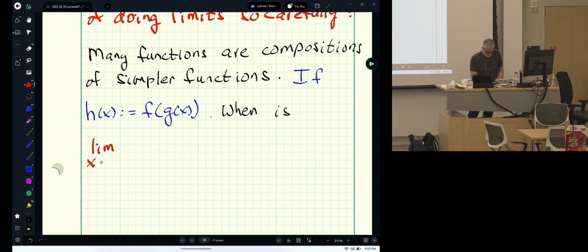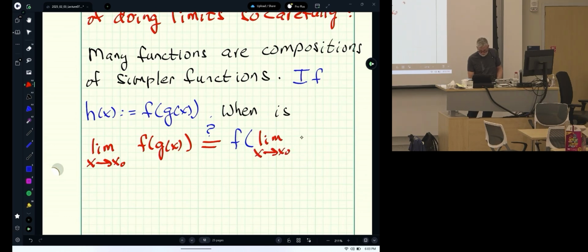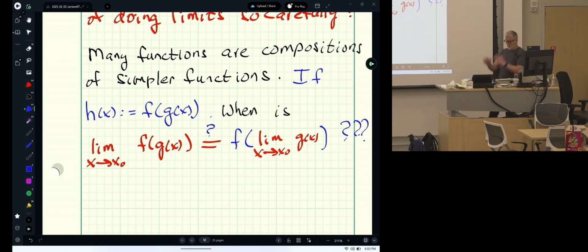But suppose I wanted to take the limit as x goes to x0 of this complicated function. When can I take the limit inside the function? And how could that help?